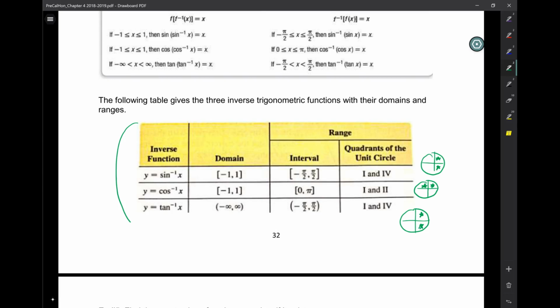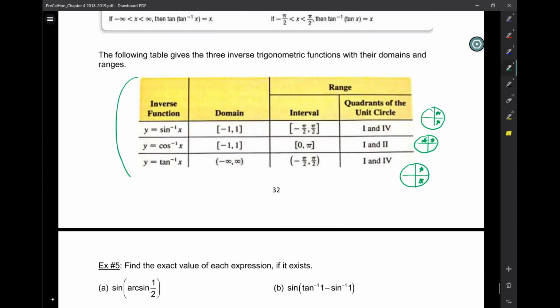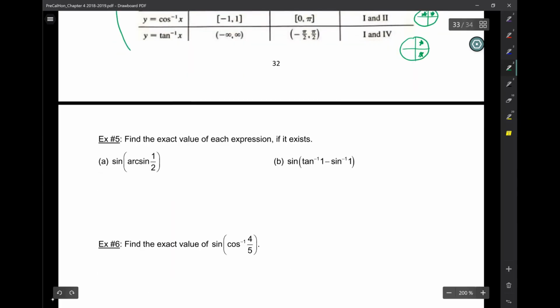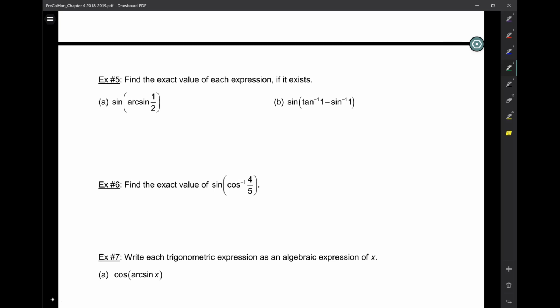All right, let me do some of these. Find the exact value of each expression if it exists. Here we have sine of arcsine of 1/2.